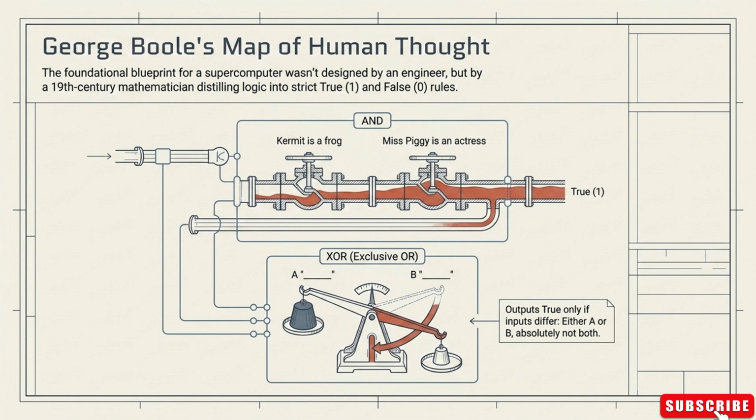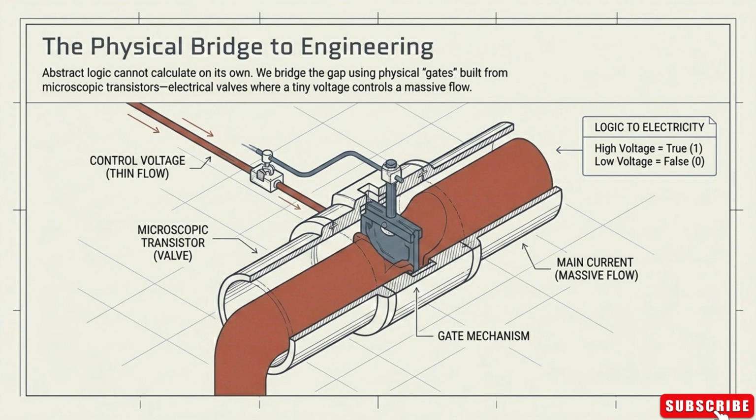Okay, I can see how mapping out logic is great for a university philosophy class, but how does a physical machine actually execute this? I mean, we can't just teach metal and plastic how to reason. Well, we have to build a physical bridge between abstract logic and engineering, and we do this using components called gates. Gates? Yeah, a gate is a physical device built out of microscopic transistors. Think of a transistor as an incredibly tiny electrical valve.